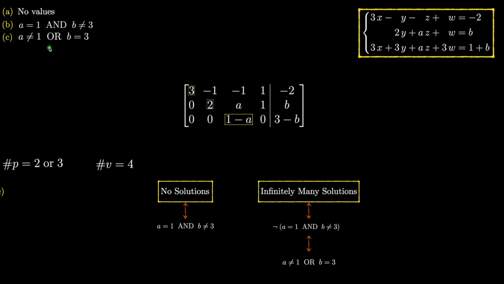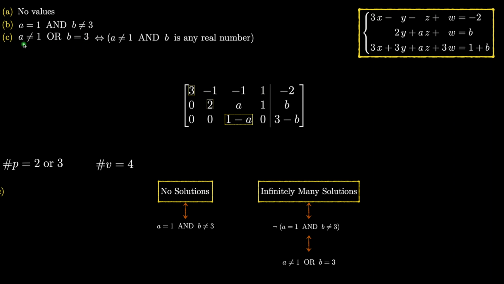If you think deeper, it means that if A is not equal to 1, I really don't care about the value of B, because here I need either this to happen or that condition to happen. So this means that A is not equal to 1 and B is any real number. As long as A is not equal to 1, this OR condition is fulfilled, so I don't really care what B is.